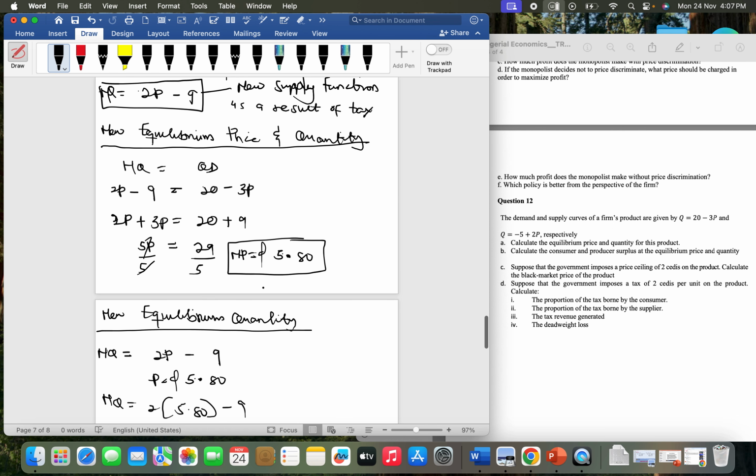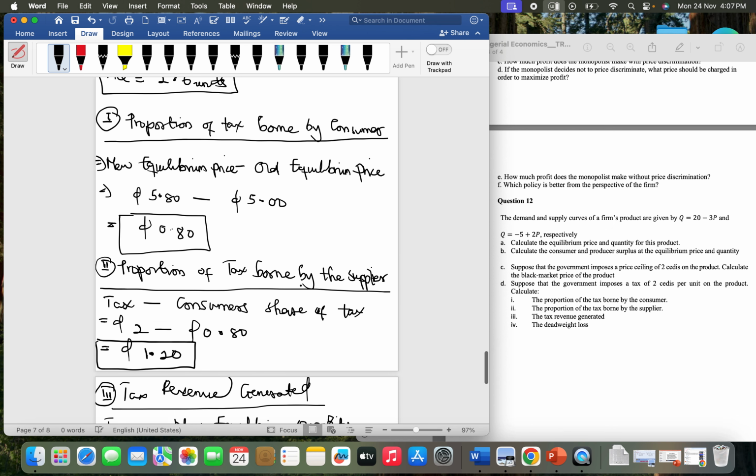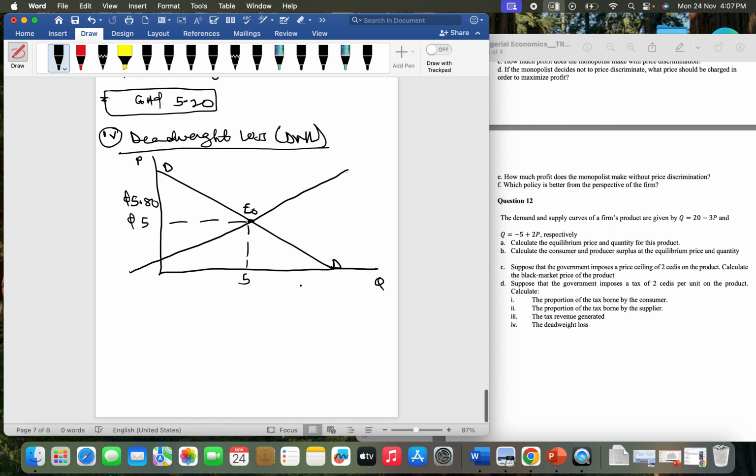Yes, so this is the new price. The new price was 5.80 and the new quantity was 2.6. So they are meeting here, at 5.80 and 2.6.